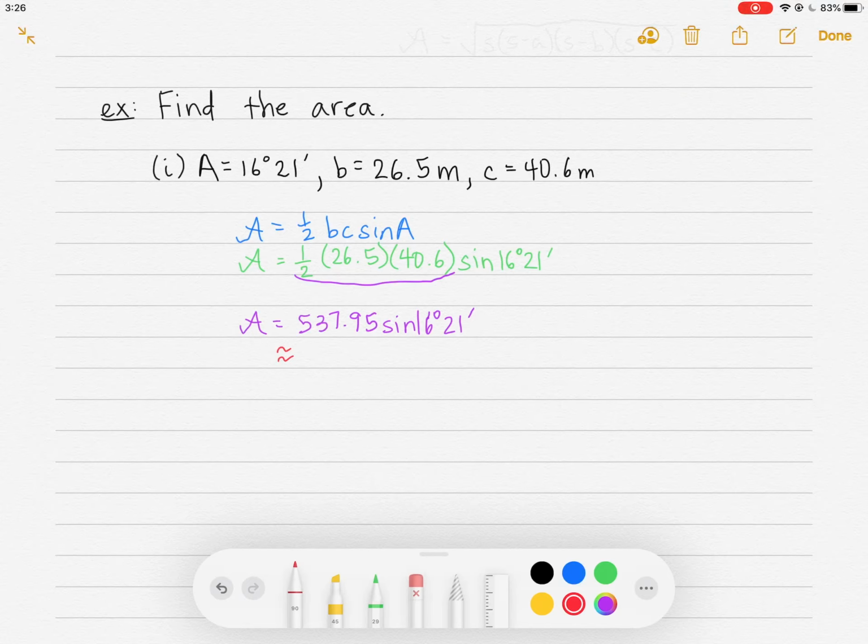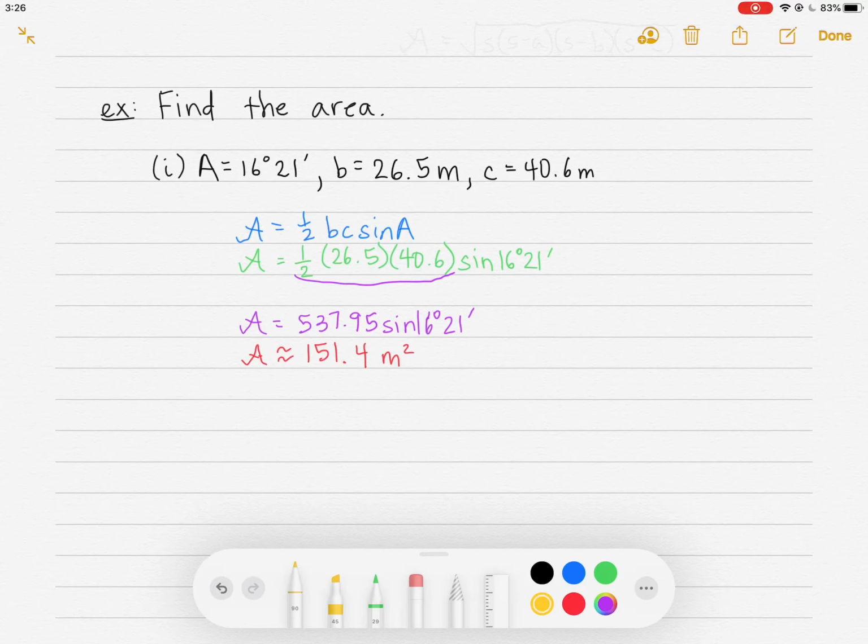And our area is approximately 151.4, going to the nearest tenths because that's where I gave you your sides to. My units in an area are meters squared.